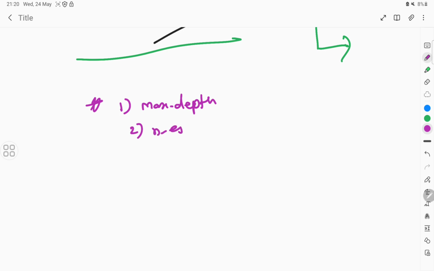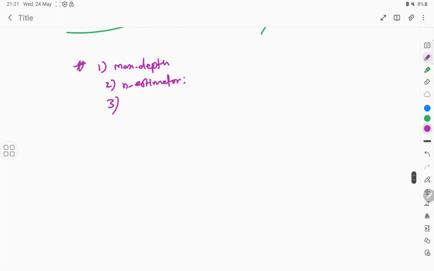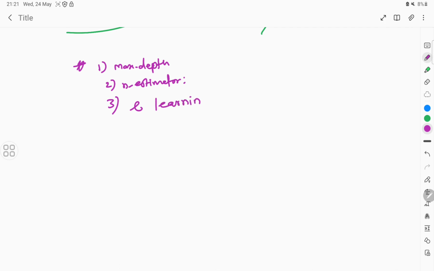Then n_estimators I have already told you. N_estimators means how many trees should be created. Then there is learning rate, also known as eta.